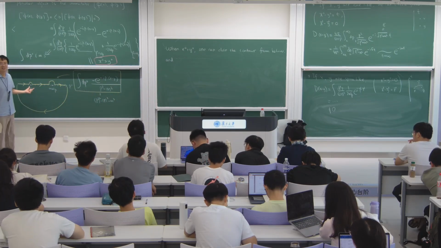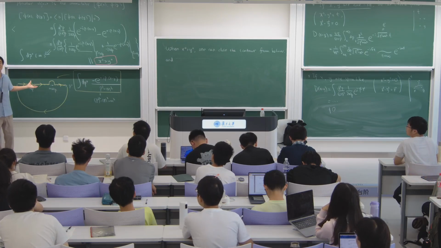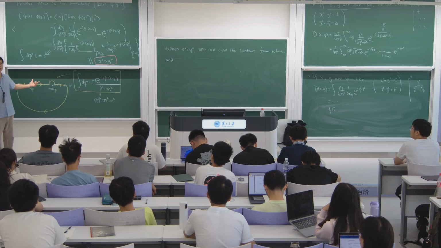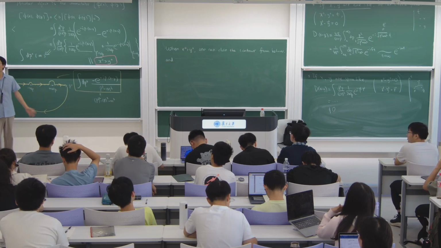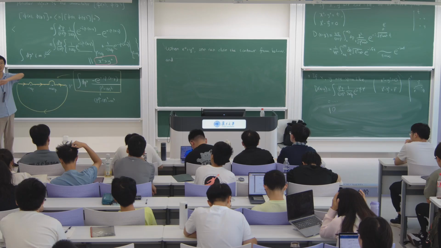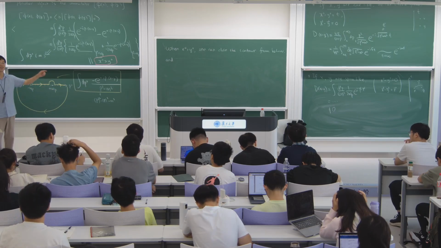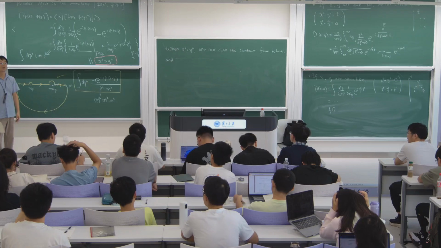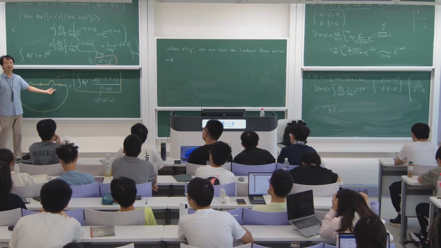Look, right? If suppose you close the contour from above, you get nothing, because there are no poles inside your contour. The integral is zero, which means inside the region the function is analytic. If the function is analytic, the contour integral gives nothing. Only from below you can pick up two terms, right?